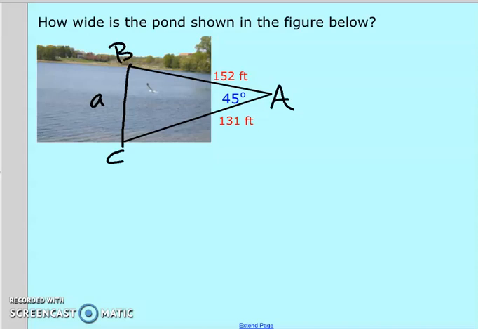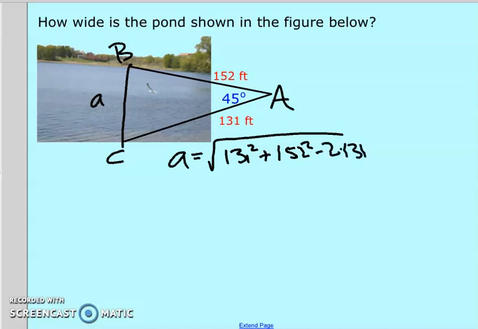And I want to find side A. It's going to be the square root of B squared plus C squared minus 2 times 131 times 152 times the cosine of 45 degrees. And here's a nice thing to have that TI for. You can just type it in like that. And that's going to tell you how wide the pond is.